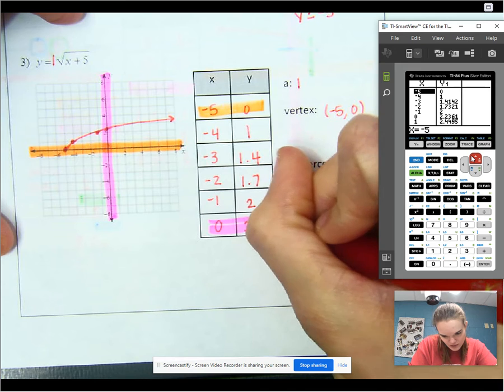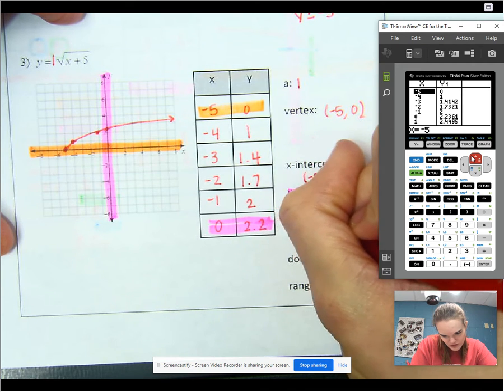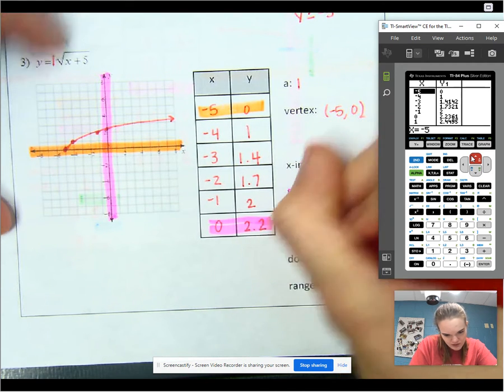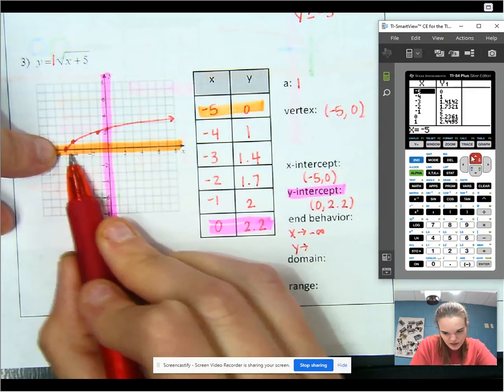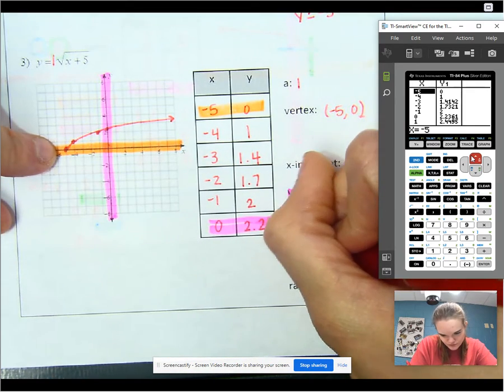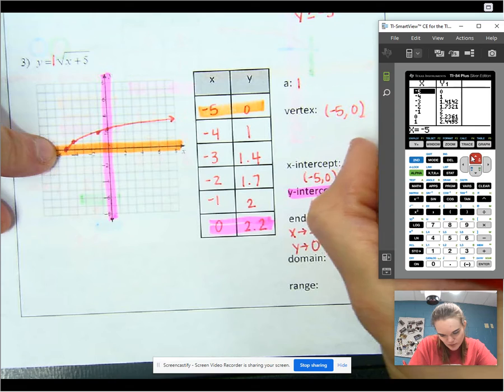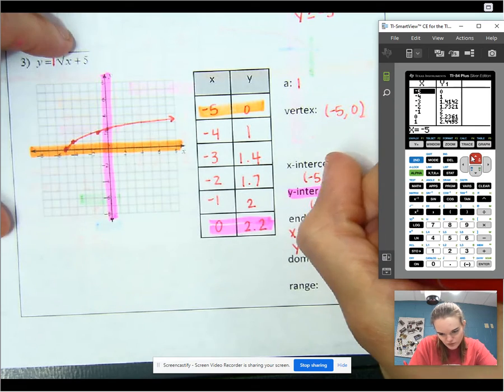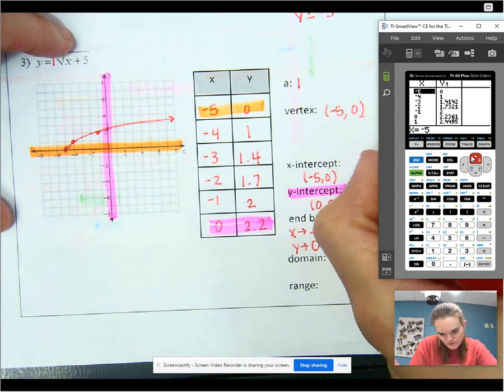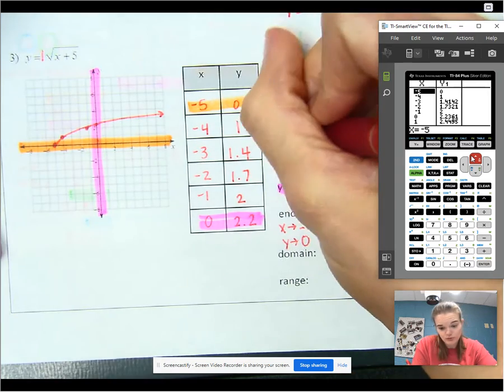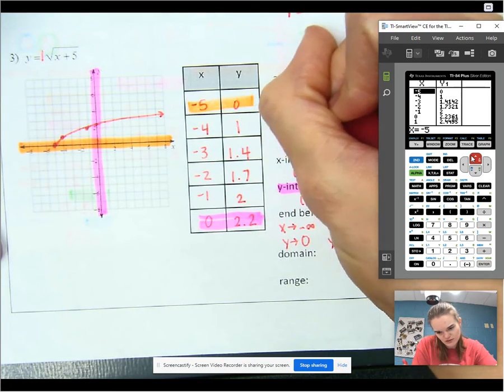The end behavior, when x approaches negative infinity, y is going towards, it stops right here at 0. When x approaches positive infinity, so does y. By the way, this one was an absolute minimum again.